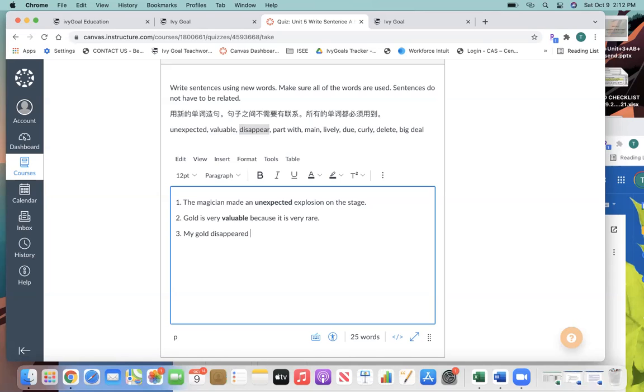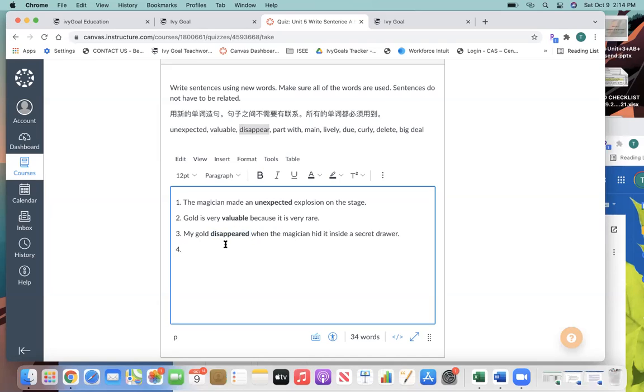So then it would be disappeared. You see the ED? My gold disappeared when, who hid it under a secret drawer? Who did it? Oh, you're muted. The magician. When the magician hid it inside a secret drawer. Wow. My gold disappeared. Very good.